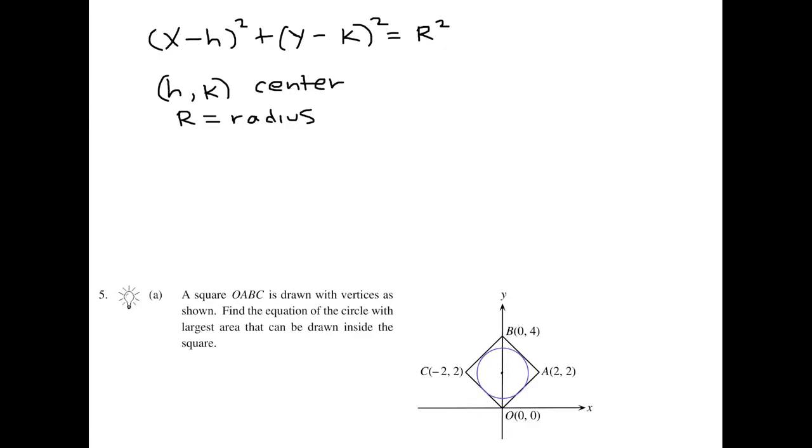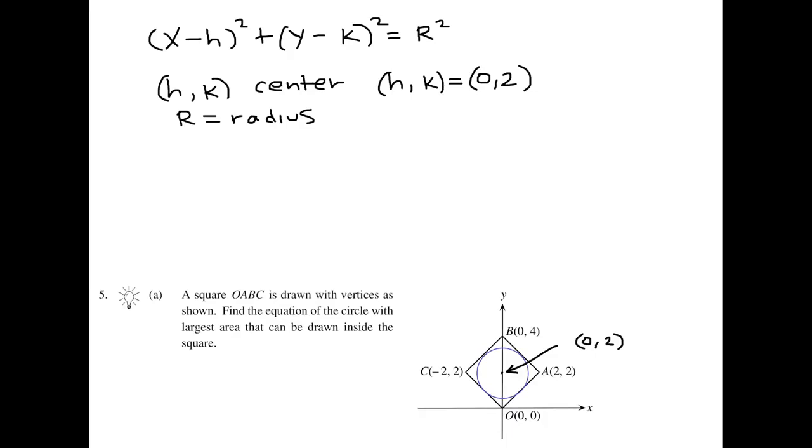The origin is (0, 0), and B is at (0, 4). So the center has to be at (0, 2). That's the easy part. So therefore (h, k) is (0, 2).